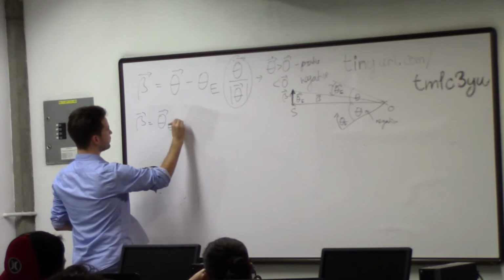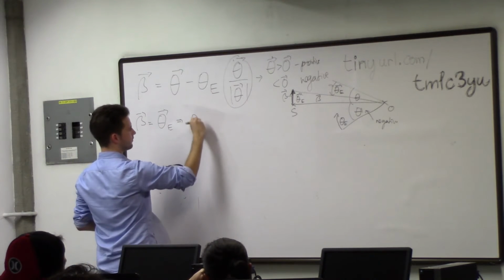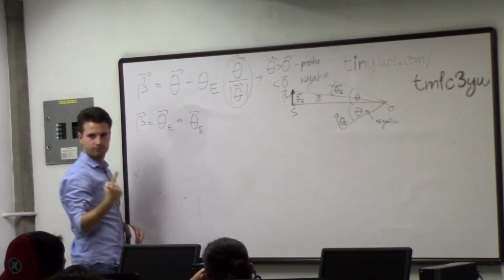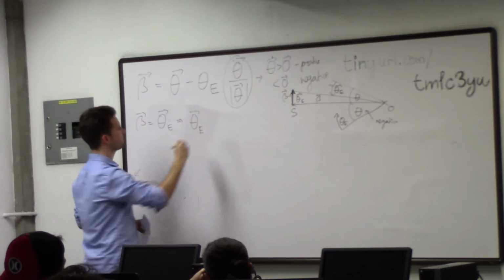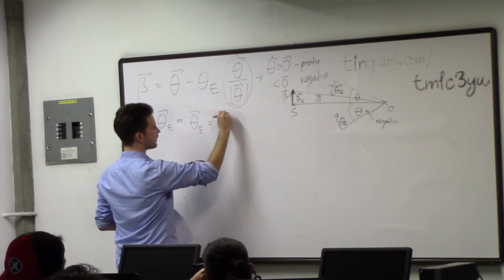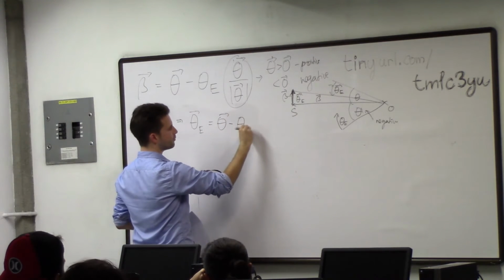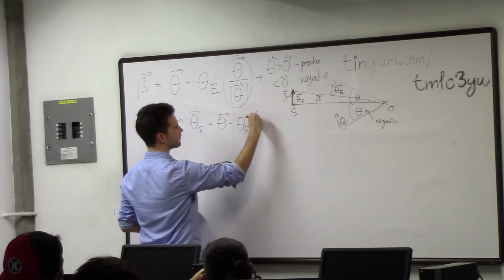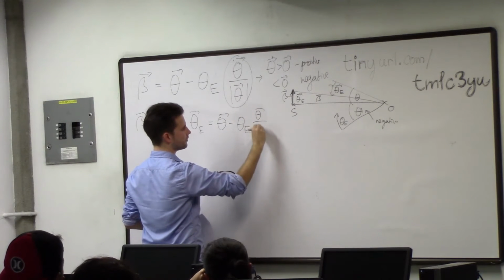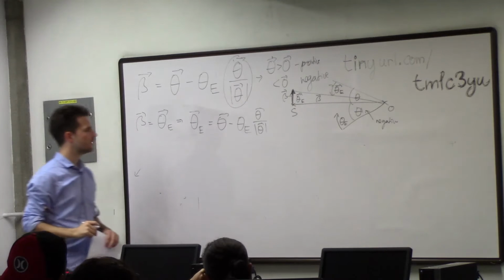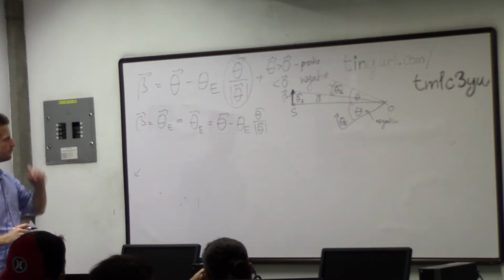So then what you get in this equation, you have Einstein radius pointing upwards equals theta, which is what we are trying to solve for, minus the Einstein radius times theta over the absolute value of theta.